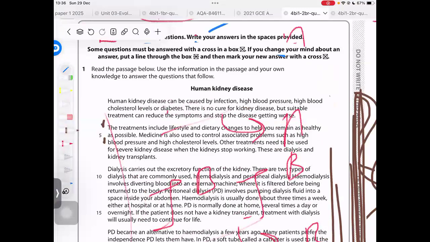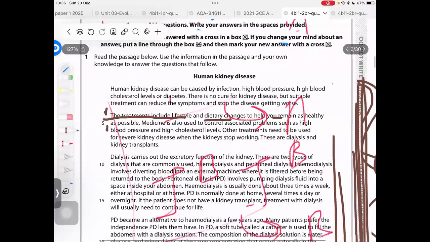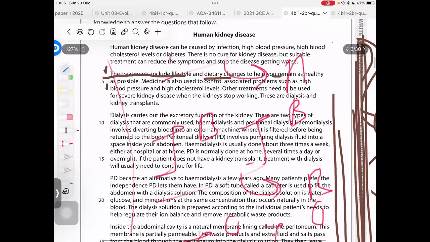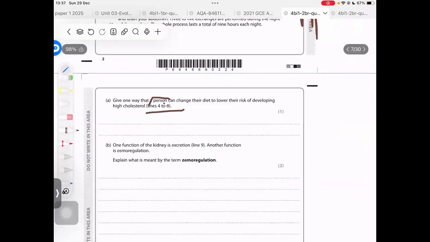The treatments include lifestyle and dietary changes to help you remain as healthy as possible. Medicine is also used to control associated problems such as high blood pressure and cholesterol levels. Other treatments need to be used for severe kidney diseases when kidneys stop working. These are dialysis and kidney transplants.